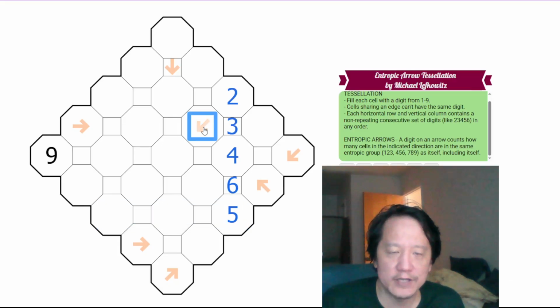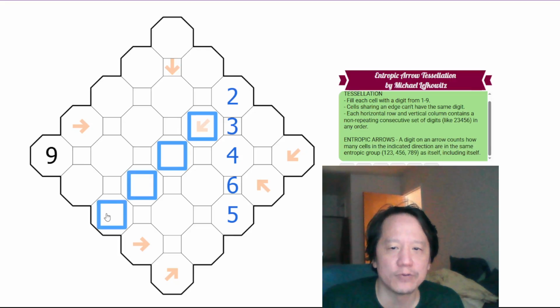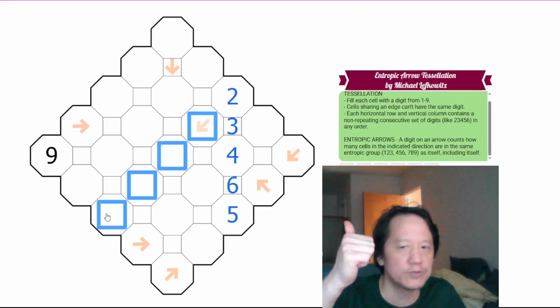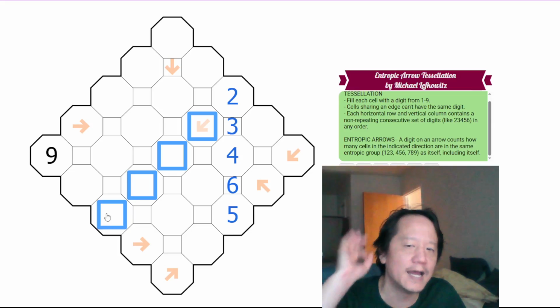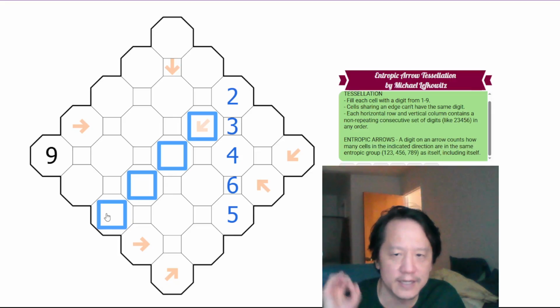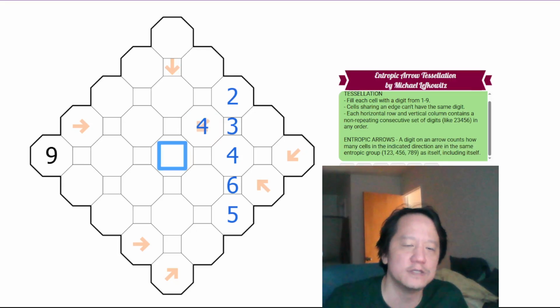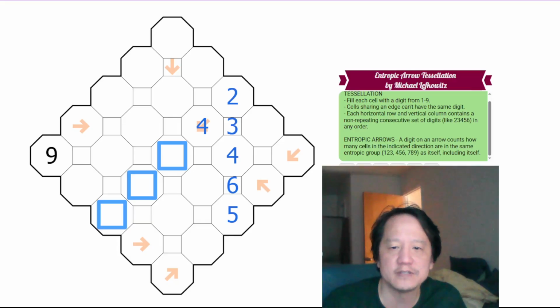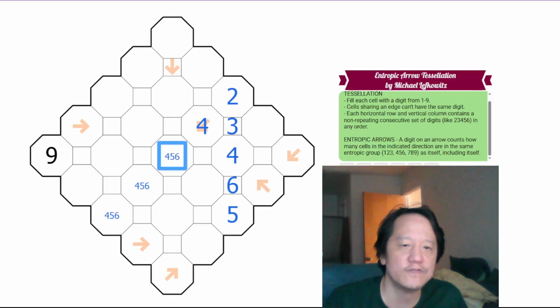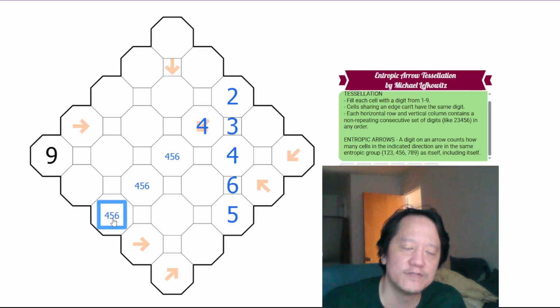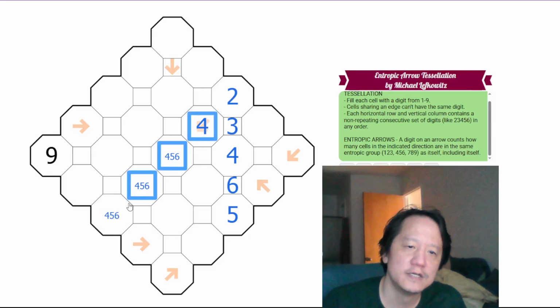We also have entropic arrows, where a digit on an arrow counts how many cells in the indicated direction are in this same entropic group, which is the low digits 1, 2, 3, the middle digits 4, 5, 6, and the high digits 7, 8, and 9, including itself. So this could be a 4, in which case these are all 4, 5, and 6 as possibilities for these 4 cells, as they must be the same.